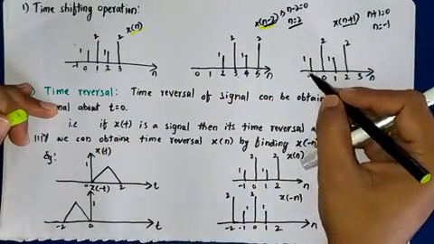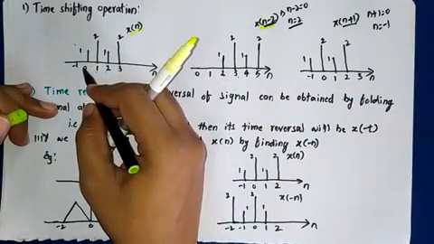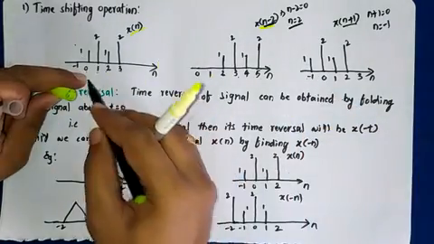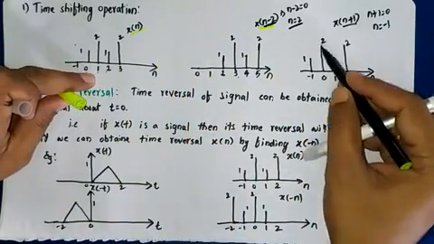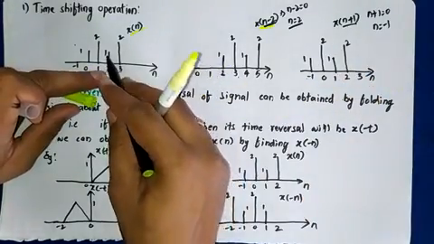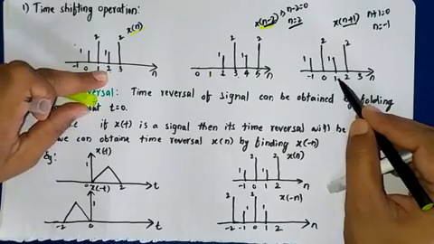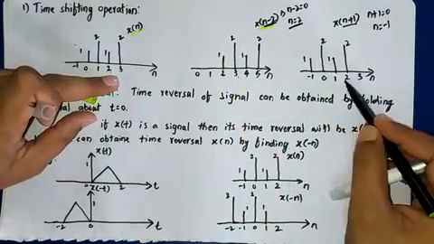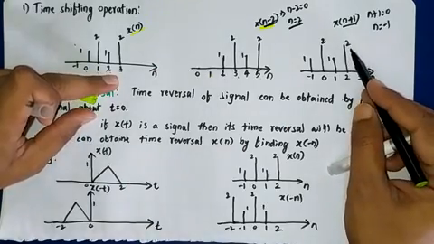So at minus 1 I have the value that is at 0, which is 1, at 0 I will have 2, at 1 I will get 1, and at 2 I will have 2.